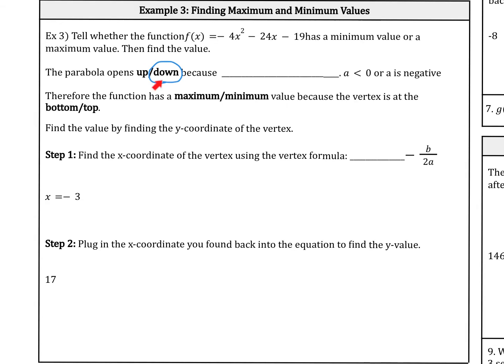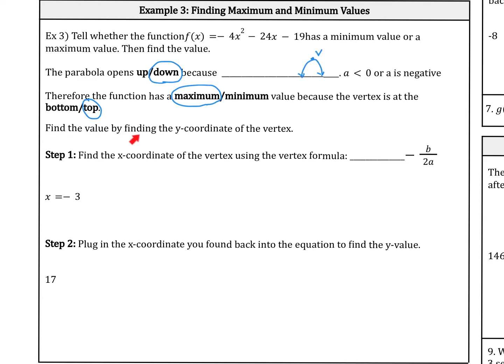It means that the parabola is going to open down. If the parabola opens down, we should have a graph that looks something like this. And then the vertex is going to be all the way at the top, which tells us that the function has a maximum value, because the vertex is all the way at the top.